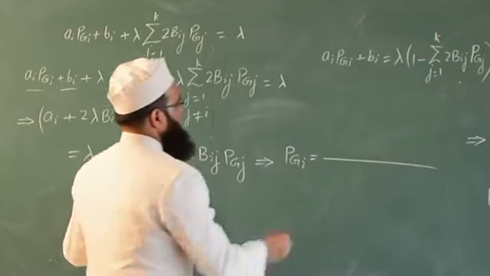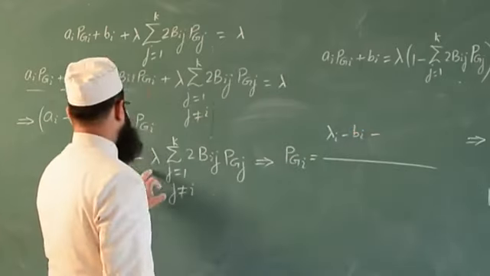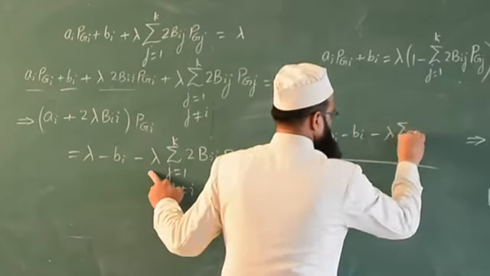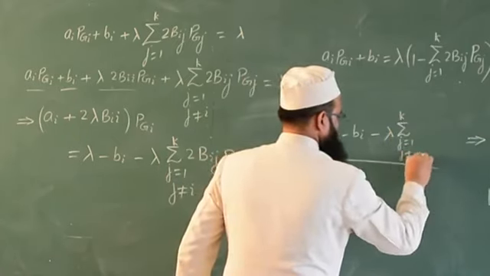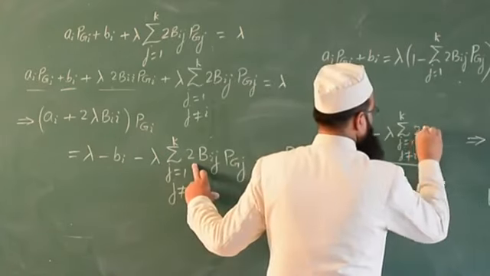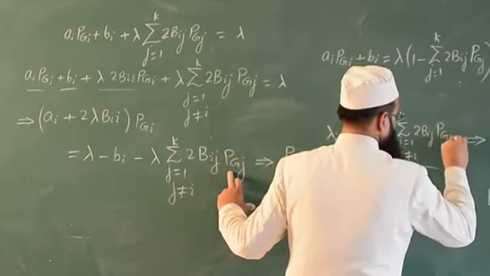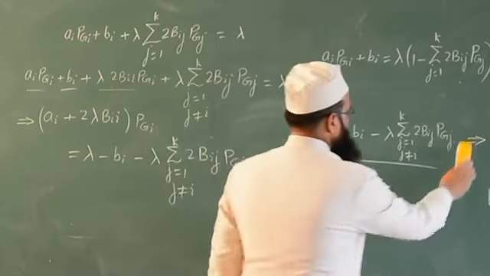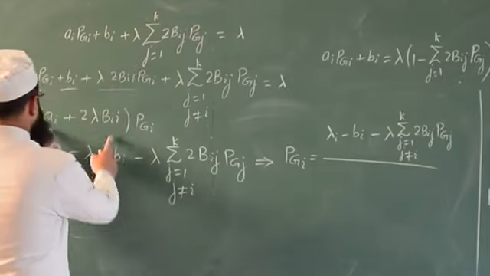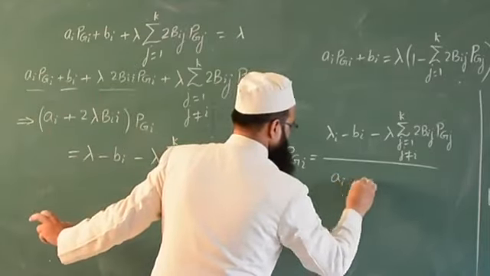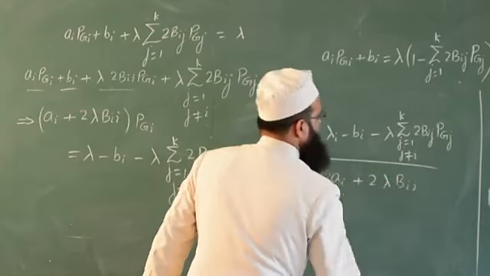So this is lambda minus Bi minus lambda, j is equal to 1 to k, j not equal to i, 2 Bij PGj, upon this Ai plus 2 lambda Bii.